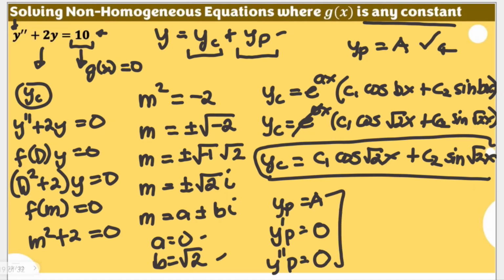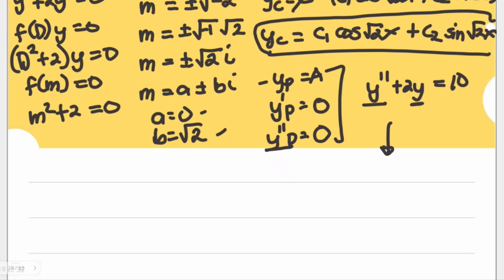This will be used later on because in our equation y double prime plus 2y equals 10, we will be substituting y double prime of p and our y sub p for the y value here. Okay, so it would be like this. Following this method, you have y double prime of p plus 2 times y sub p, that is, 2y, equal to 10.